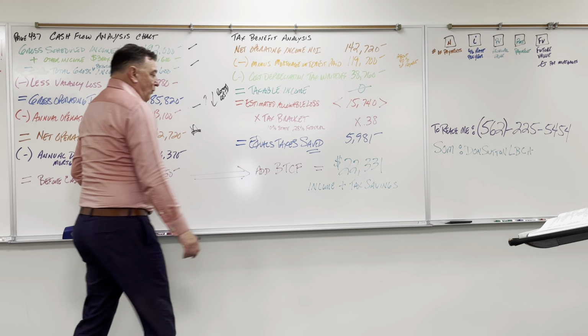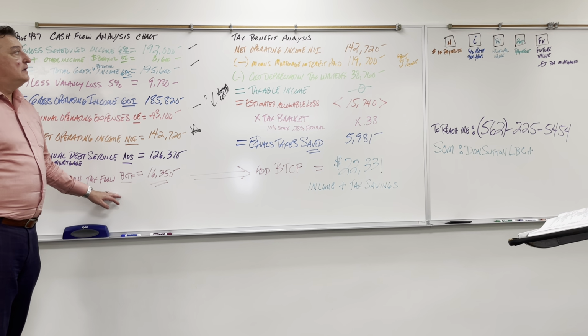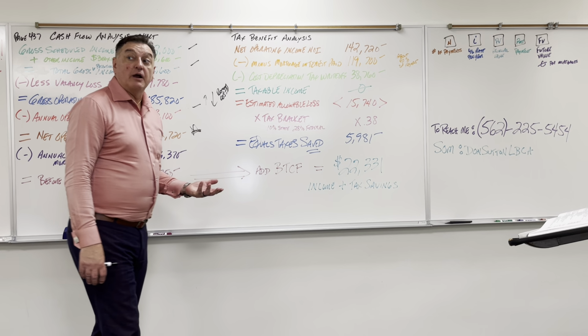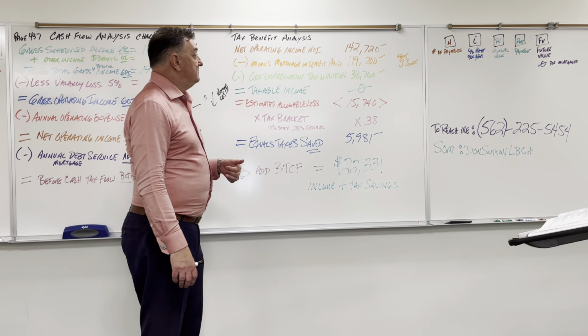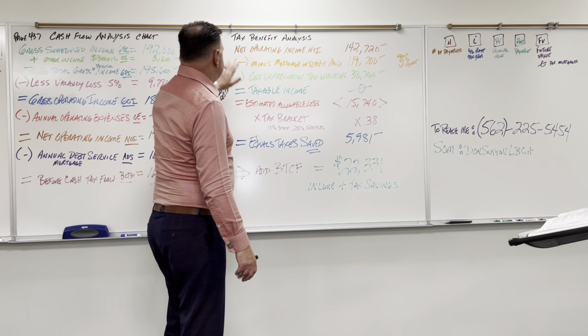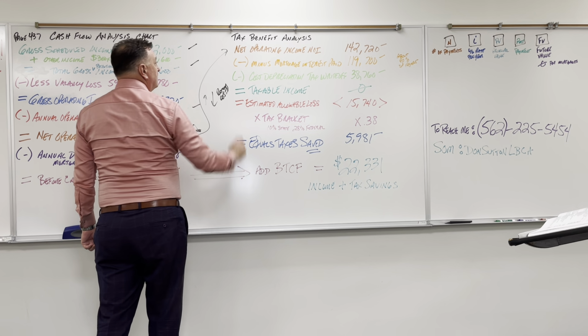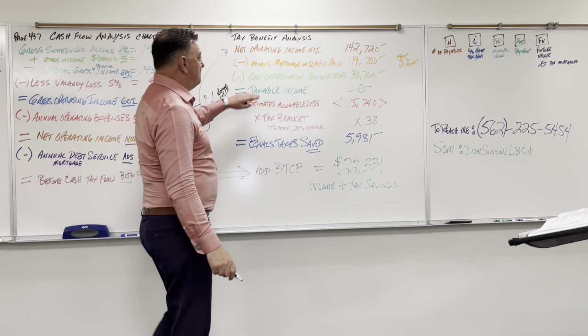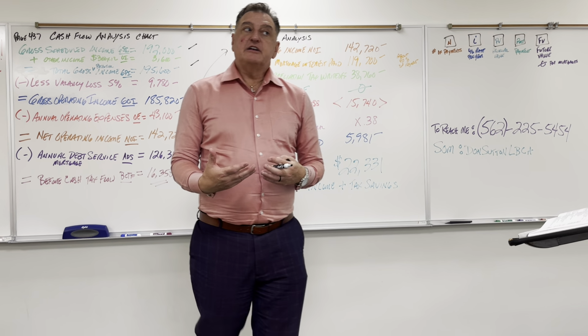Once we have this before tax cash flow, now we can figure out what our tax benefit is. If you look at the information on page 437, you take that net operating income, and we're subtracting the mortgage interest that is paid. Remember what we talked about earlier.